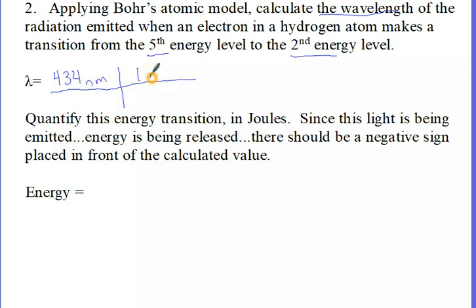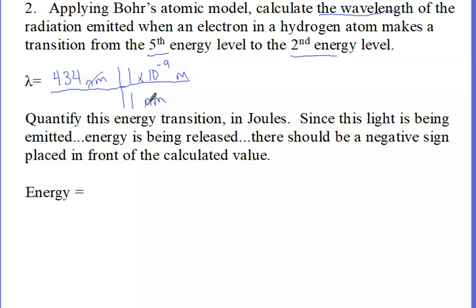So 1 meter is 1 times 10 to the 9 nanometers. Or, you could just as easily write that as, this is really the way I like to do it, 1 nanometer is 1 times 10 to the minus 9 meters, because the prefix nano means 10 to the minus 9.